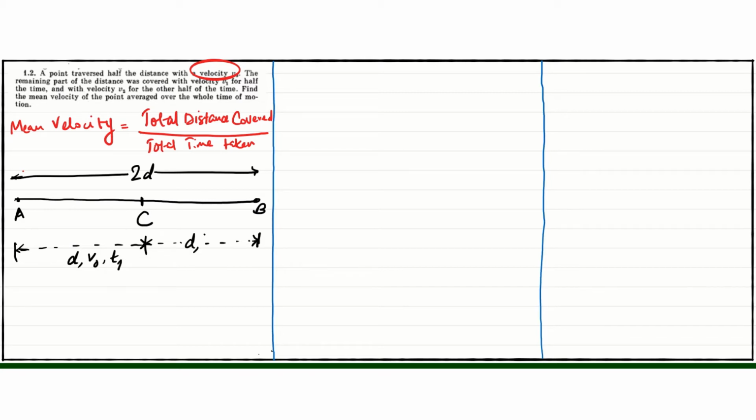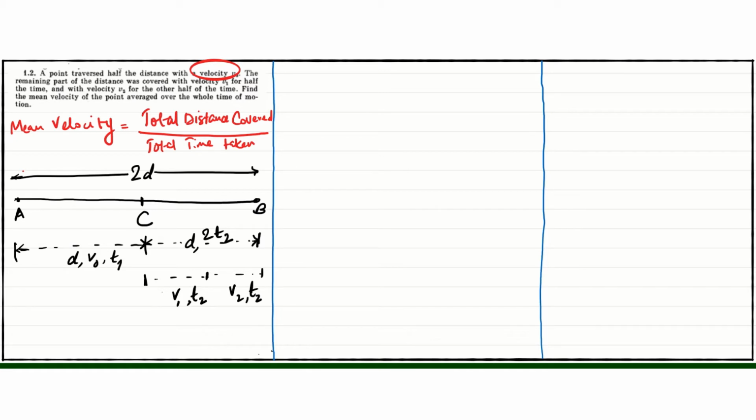Suppose it took a total time of twice t2 to move from C to B. So for half that time, that is t2, the particle moved with a velocity v1, and for the remaining half of the time, that is t2 again, it moved with a velocity v2.